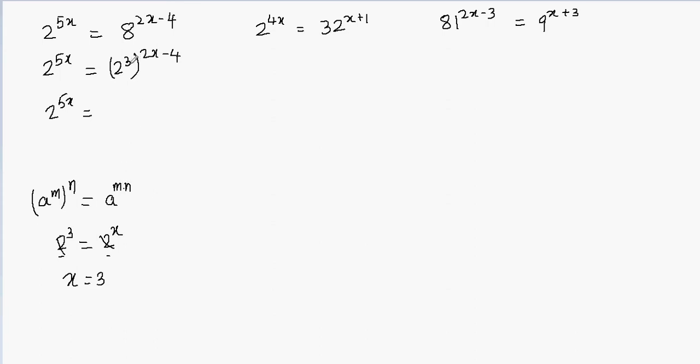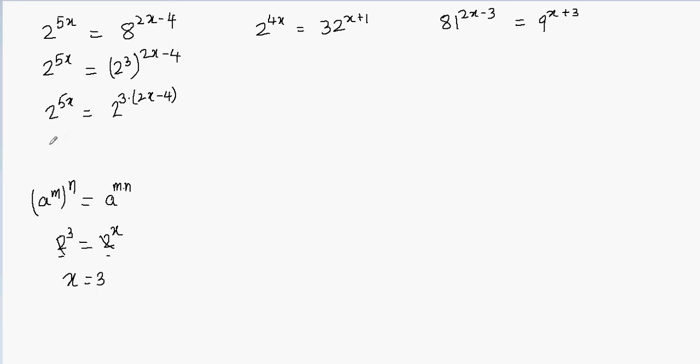So we can do the same thing here, but we have to be careful. I can write this as 3 times 2x minus 4. It's necessary to write this inside the parentheses because I have to distribute 3. So 3 has to be multiplied with 2x, and then 3 has to be multiplied with negative 4.